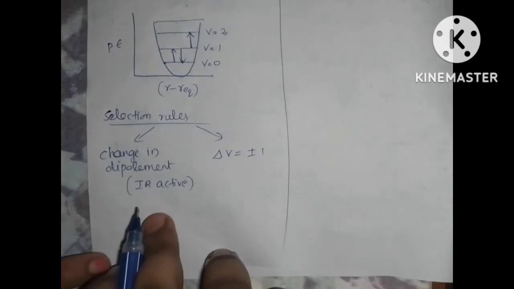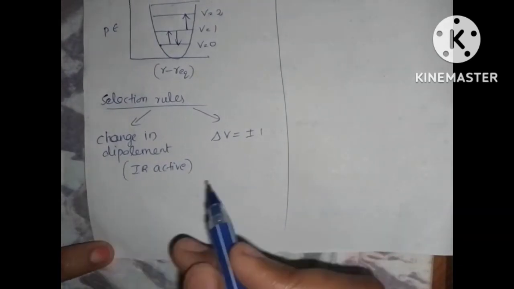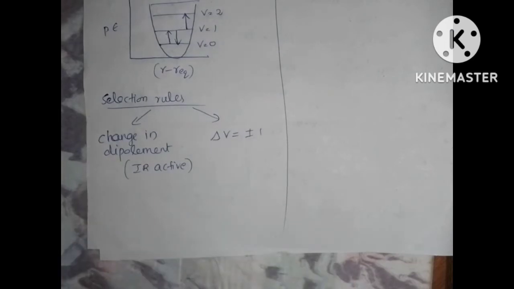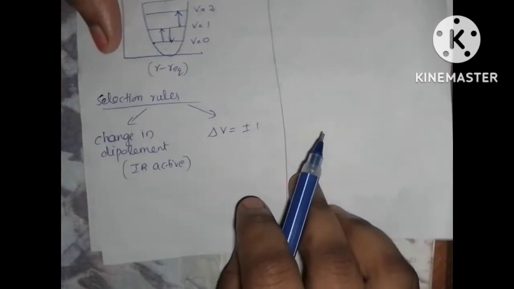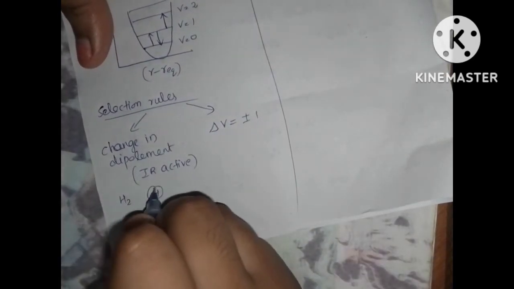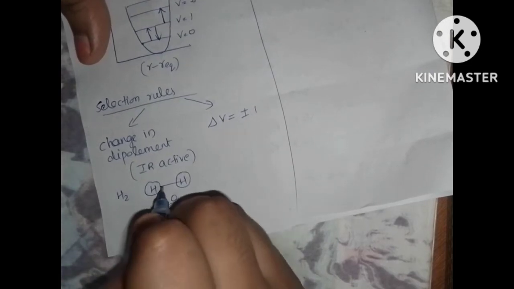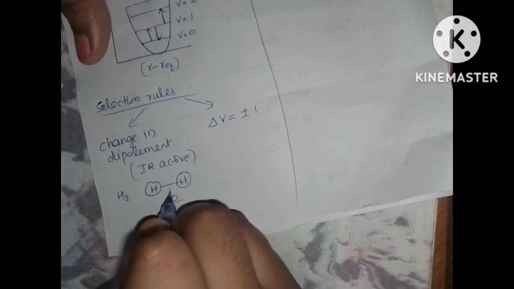So to find which molecules are IR active, we simply look whether it shows a change in dipole moment by looking at the dipole moment before its vibration and after its vibration. For example, take a hydrogen molecule. For the hydrogen molecule, we know that its dipole moment is 0, because the electronegativity towards each nucleus is the same.